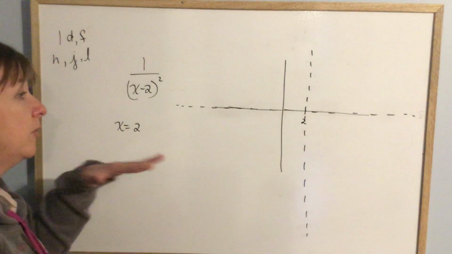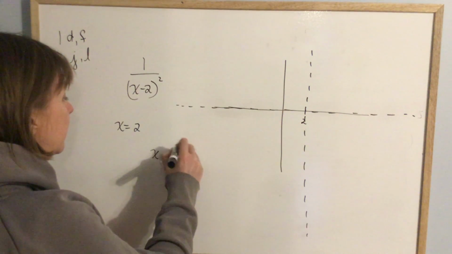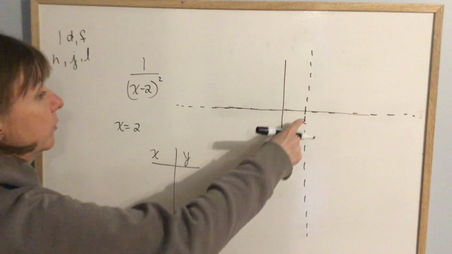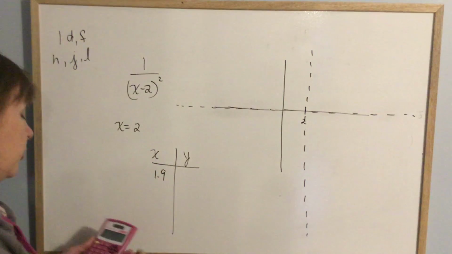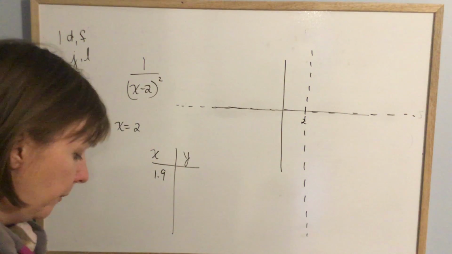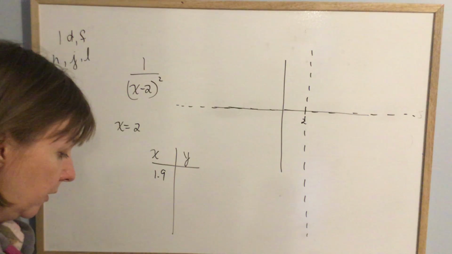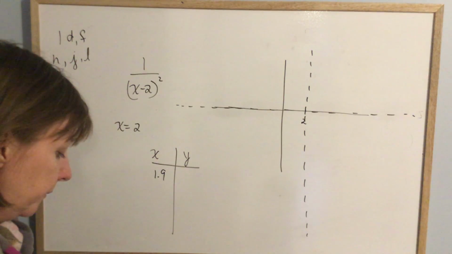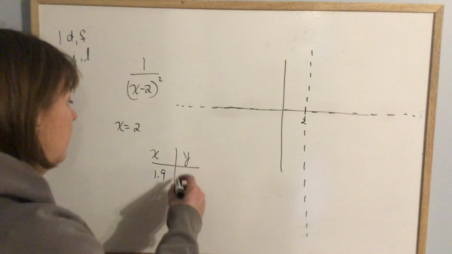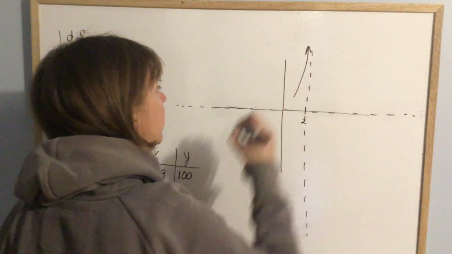So if I'm doing this, I'm gonna check a value very, very close to 2 on either side. So I'm gonna check 1.9. If I do 1.9 minus 2 and square it, and I do 1 divided by that, I get positive 100, meaning it's very high.